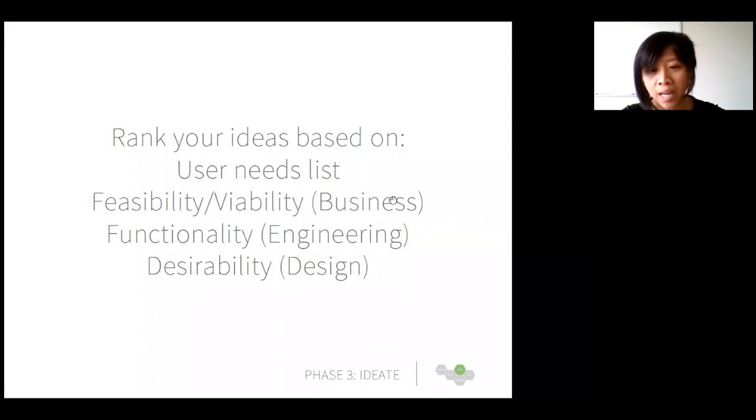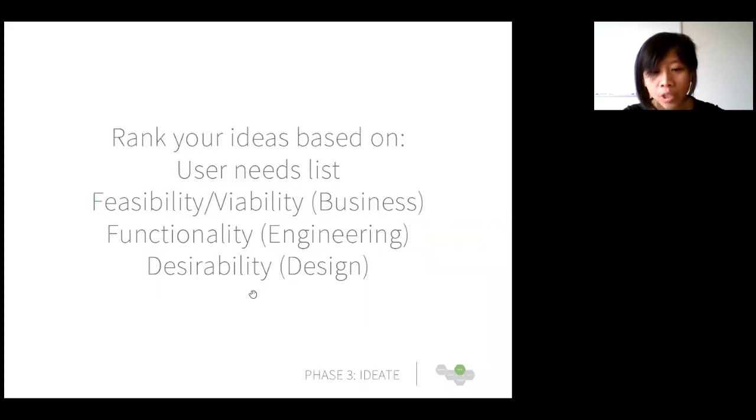Will people actually buy it? So this is the business part. How well would it function? Is it more of something that currently doesn't exist and you really need to work out the engineering part to see if it actually could function? In which case, is it more science fiction rather than science at this stage? Or is it something very, very feasible in terms of functionality? So give that a rating.